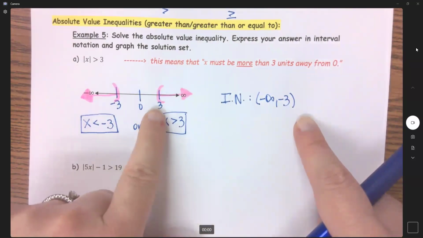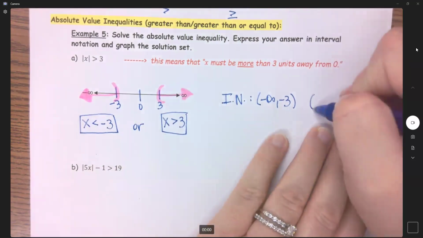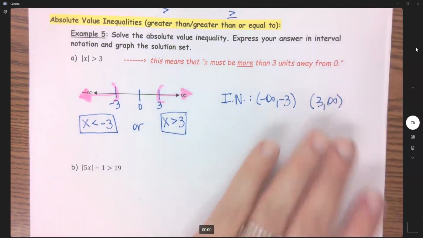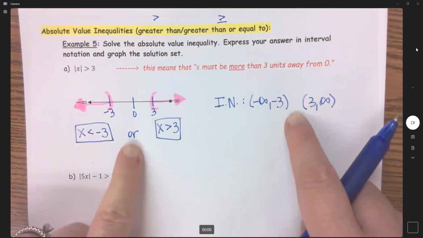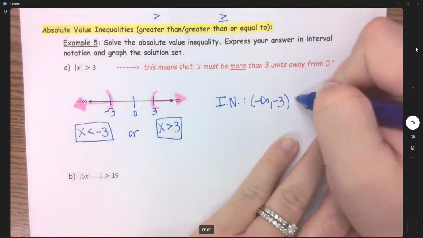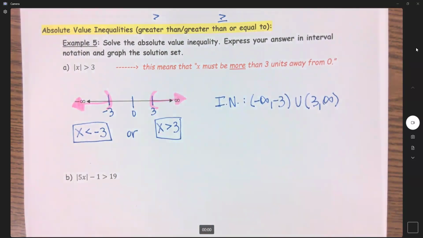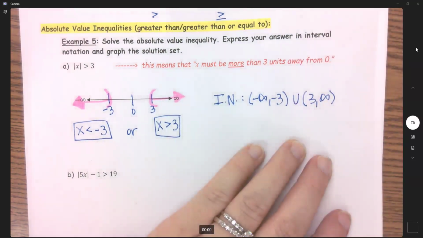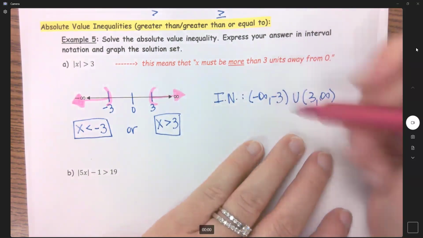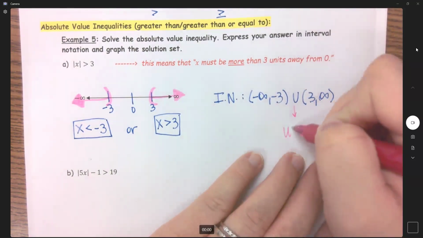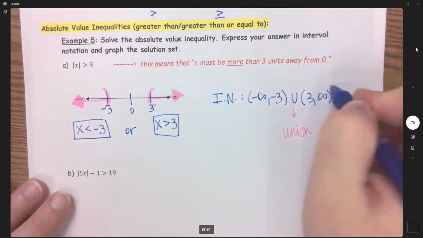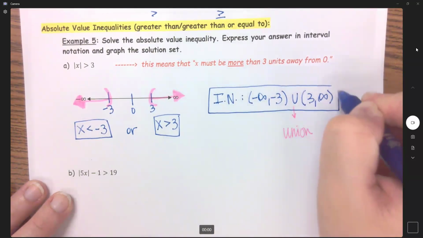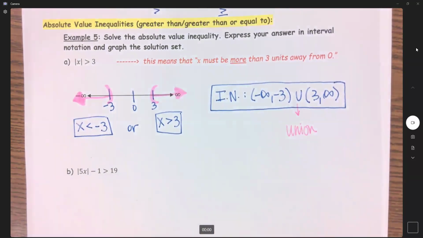And then over here we have 3 to infinity. Now, when I have multiple sections of this graph shaded, I need to combine this when I have my ORs right here with the U. This U right here stands for the union. There is my interval notation.